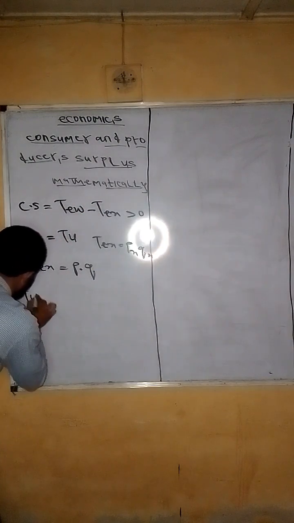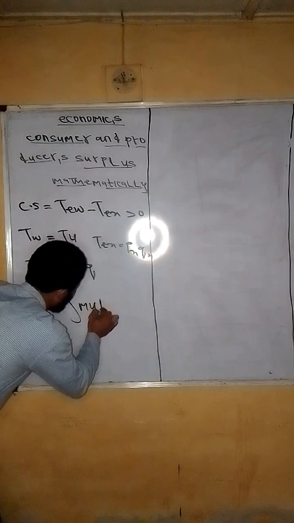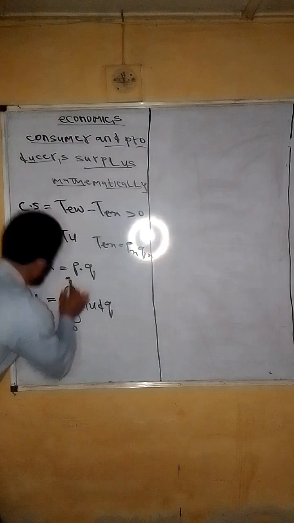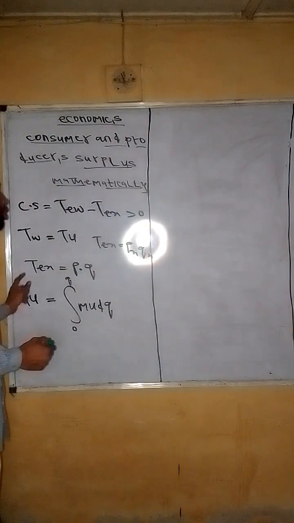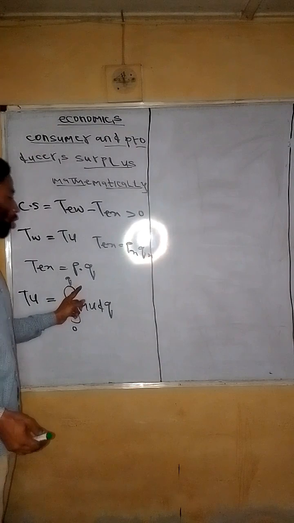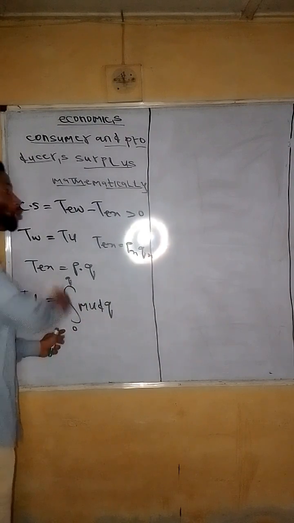Now, please take note that total utility is the same thing as the integral of MU dQ, when we integrate from 0 to Q. So the total utility of any function is the integral of the marginal utility of the function with respect to quantity, when we consume from 0 to Q units.